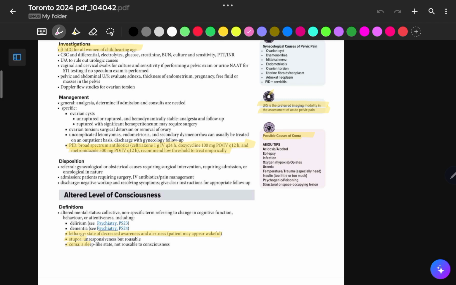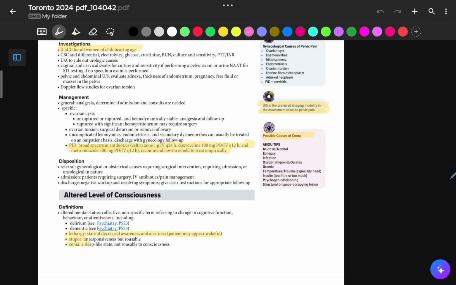So if you're suspecting a patient has PID, pelvic inflammatory disease, you want to give them broad spectrum antibiotics. That involves ceftriaxone 1 gram IV, doxycycline 100 milligrams PO or IV, and metronidazole 500 milligrams PO or IV, BD.